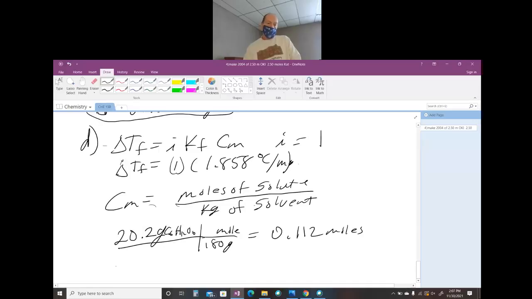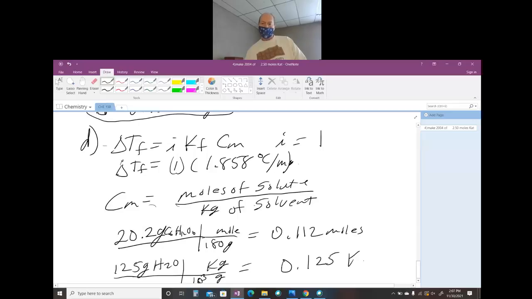And we now have 125 grams of water, but we don't want moles of water this time, because we need to convert our grams into kilograms of this solvent. We know kilo is 10 to the third, so we're dividing by 1,000. And so that is 0.125 kilograms of water.